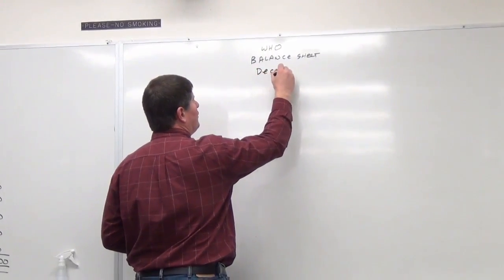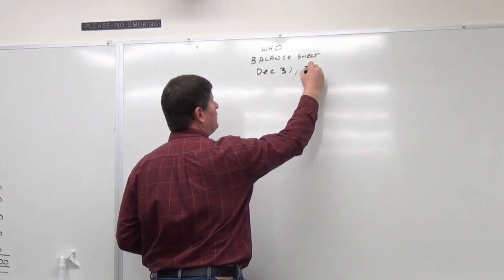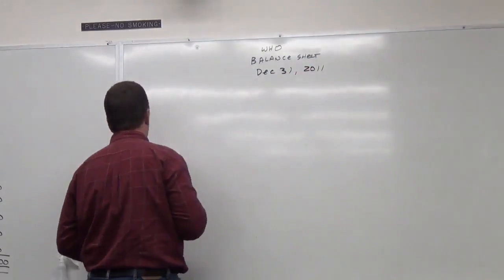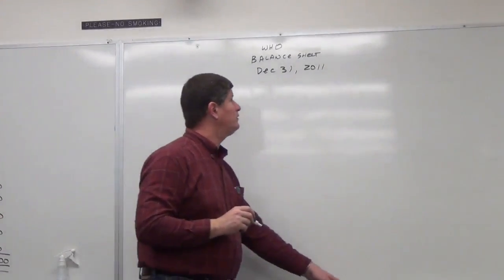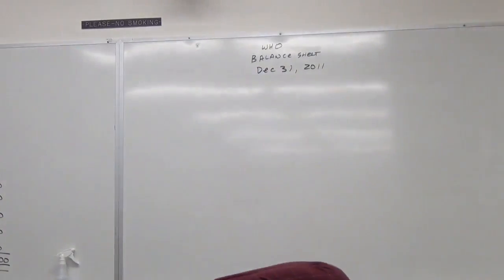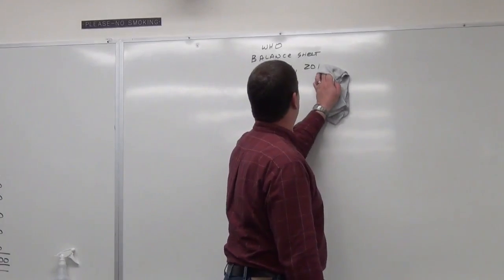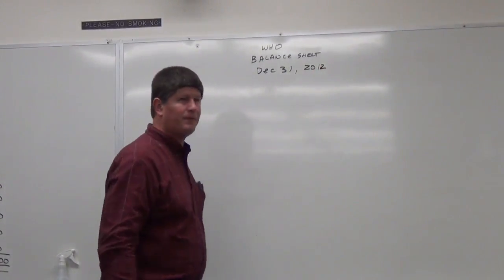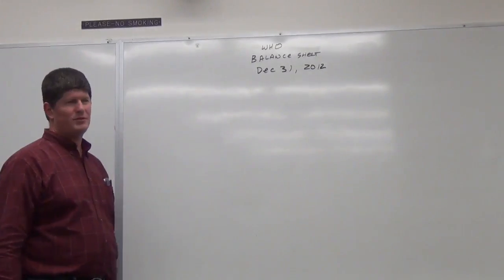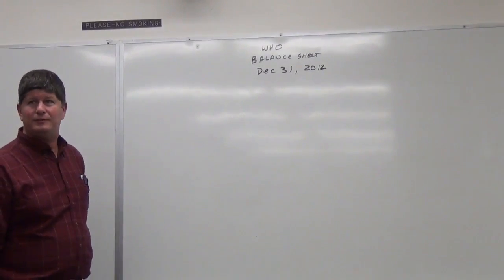December 31, what year? 2011. Cool. 2012. Are we doing 12? Because they gave us the starting of the... Okay, so this would be 2012. It says during the year 2012, and then here's what happened. So this would be 2012. Good. Okay.